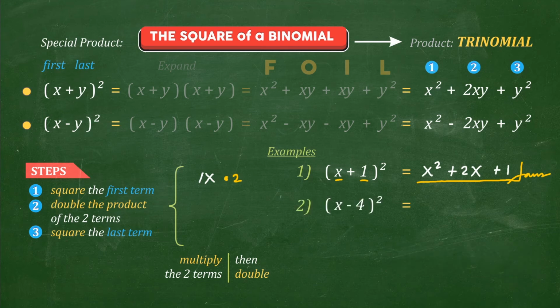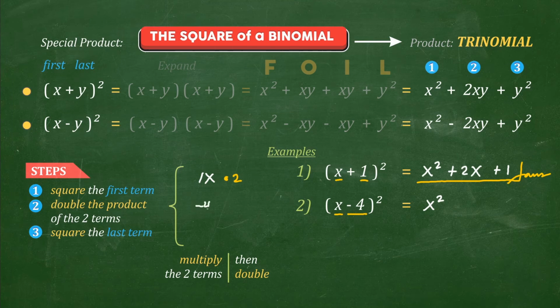Example number 2. The square of the quantity x minus 4. Step 1. Square the first term. Therefore, the square of x is simply x squared. Step 2. Double the product of these two terms. Let's do that mentally. Multiply x and negative 4.